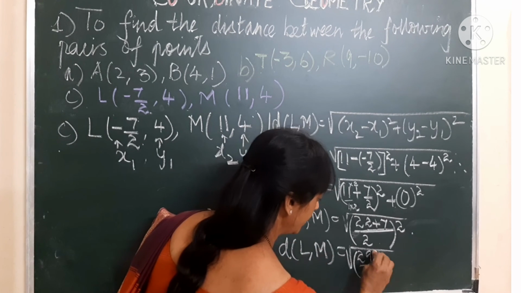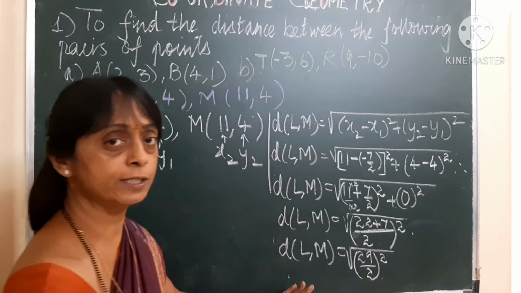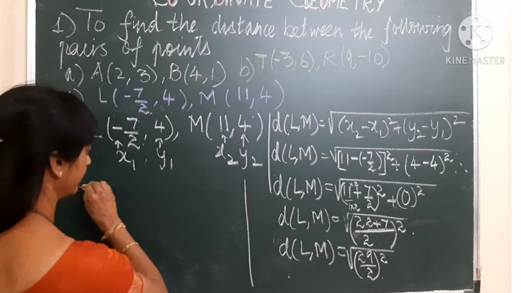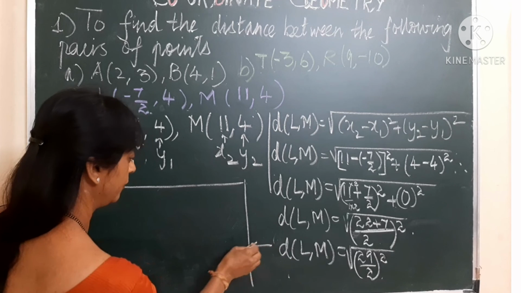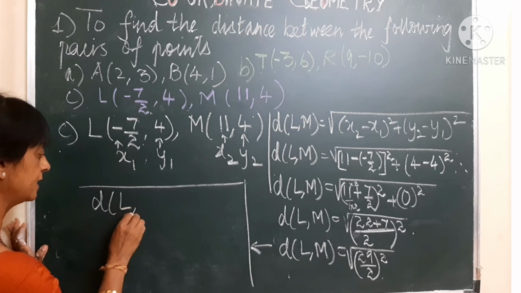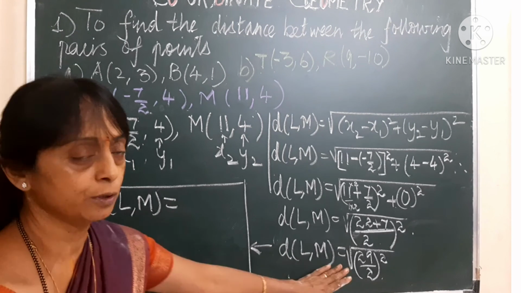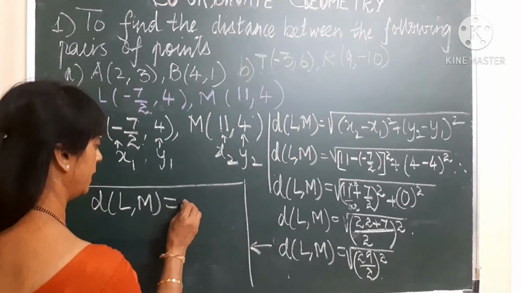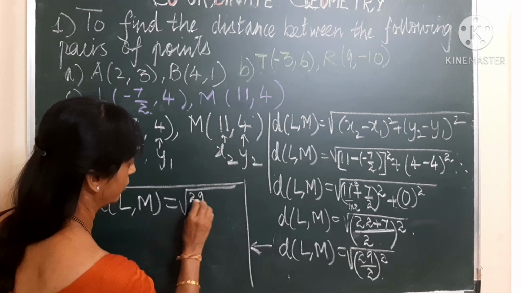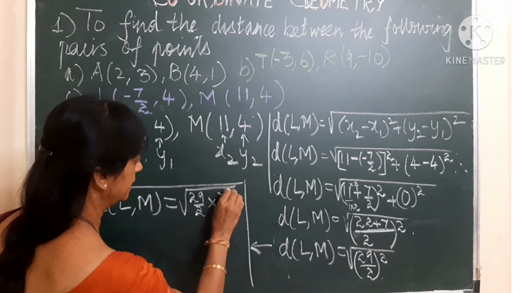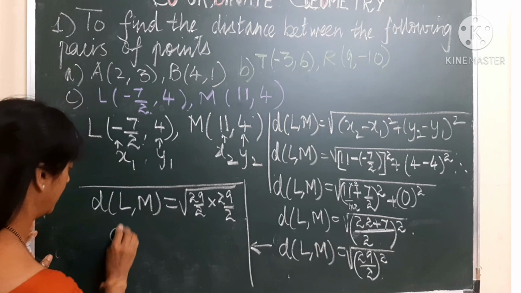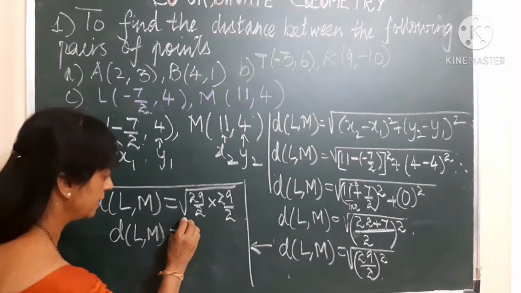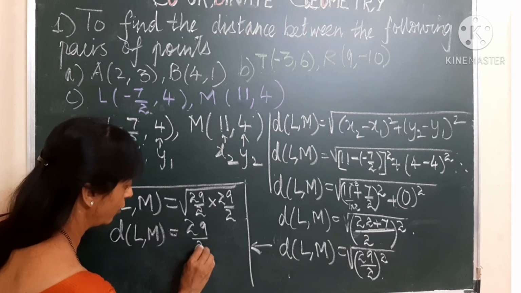So over here 29 upon 2, the whole square, is the distance LM. Finally, here we move on to calculate distance LM equal to the square root of 29 upon 2, the whole square. The whole square means what, children? Square root of 29 upon 2 into 29 upon 2. So we are left with the answer of the distance between the 2 points LM, which is 29 upon 2.